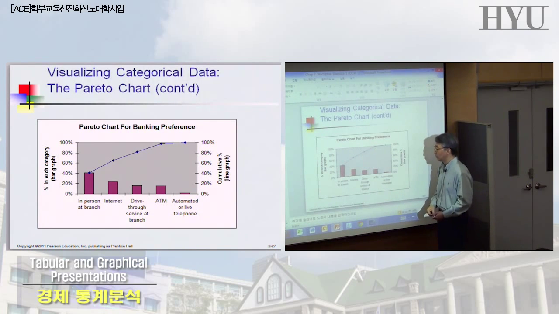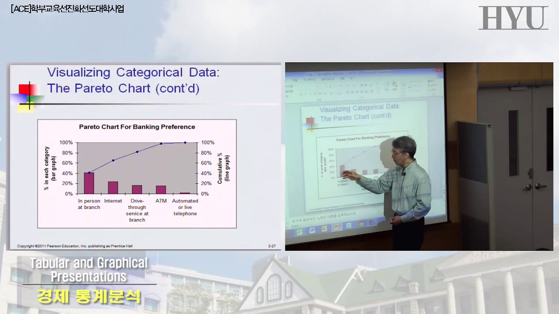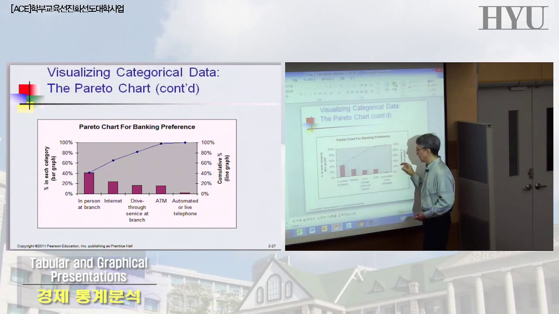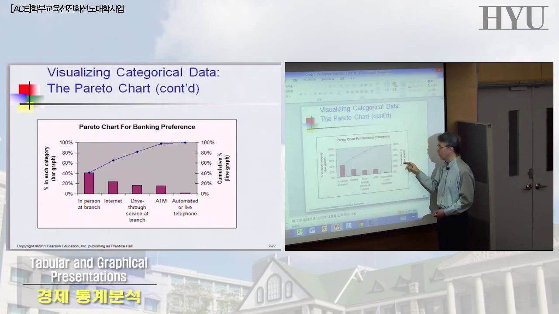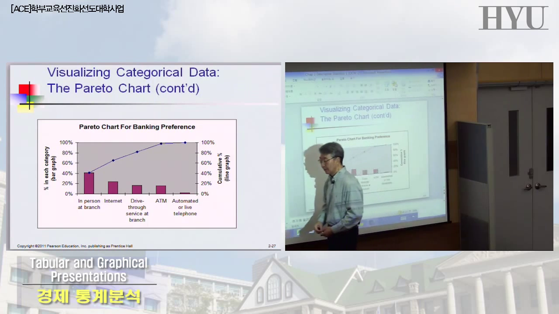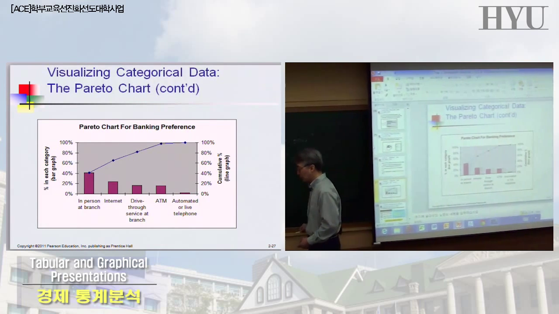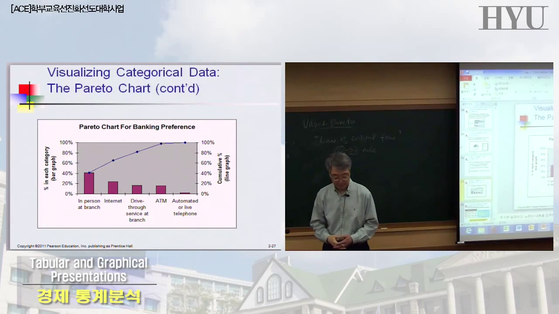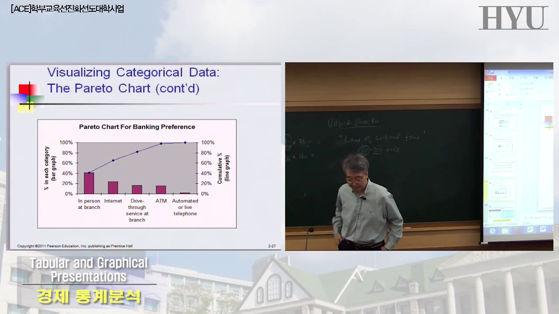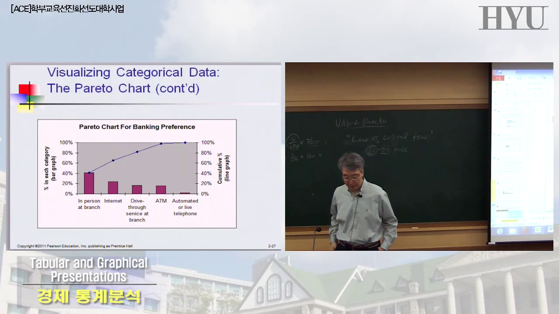So we have one axis for the bar chart and the other axis for cumulative frequency. That's what we call a Pareto chart. This Pareto chart is used frequently in many areas, and creating it in Excel is slightly complicated.